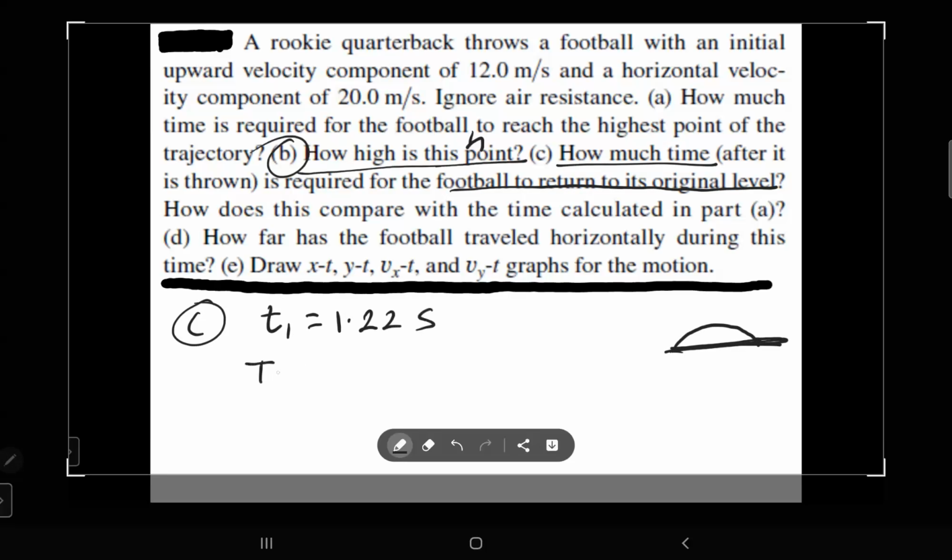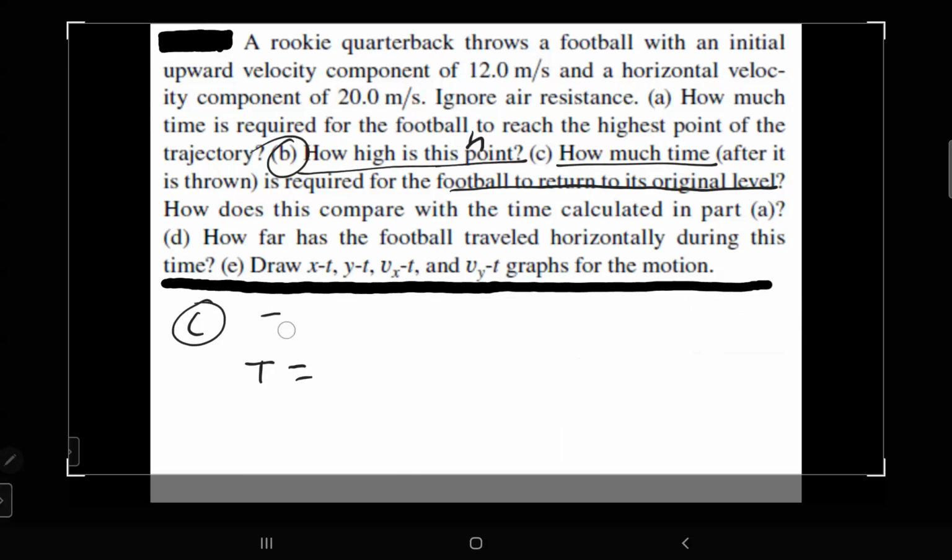So total time t will be 2 t1, right? Because going to here takes time t1, and from here to the bottom again t1, exactly the same time. So that is 2 into 1.22, which gives about 2.44 seconds. So this is the total time taken by that football to come to the ground after launching.